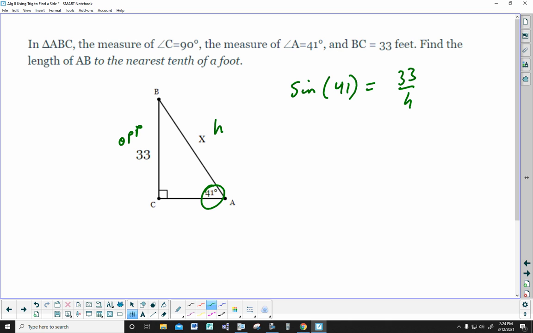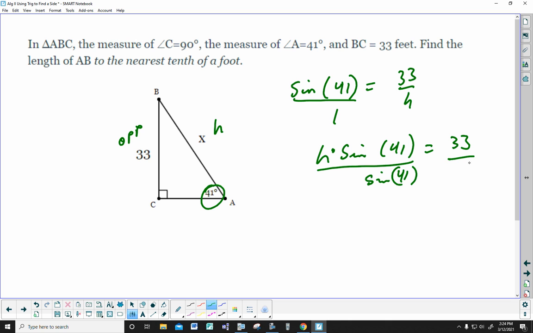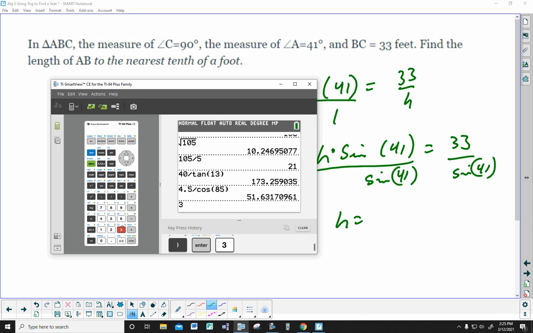Okay? Cross multiply, h sine 41 is equal to 33. Divide out the sine of 41 because it's held by multiplication. And you have h is equal to whatever that is. So you go calculator, 33 divided by sine of 41.